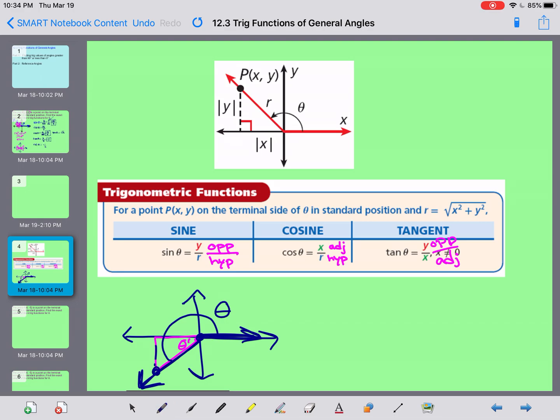So if you look, for SOHCAHTOA, the opposite side is going to be that y value, right? And then the hypotenuse would be this r value here, right? So you can memorize these, right? And that will get you the answer a little bit faster. Or you could draw a picture and do SOHCAHTOA every time. So we're going to do another example, and I'm going to show you both methods.